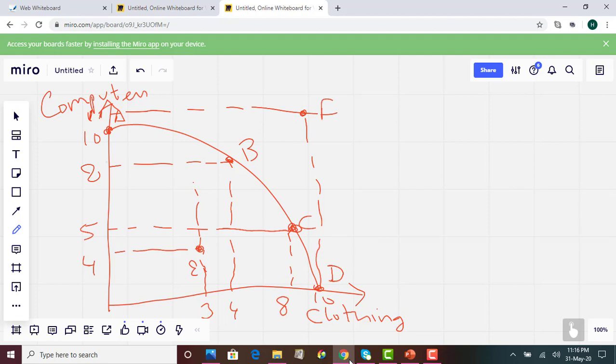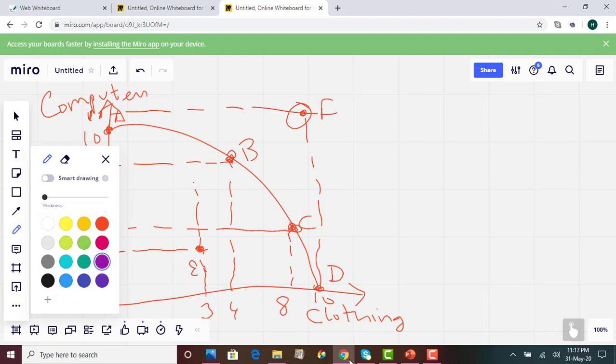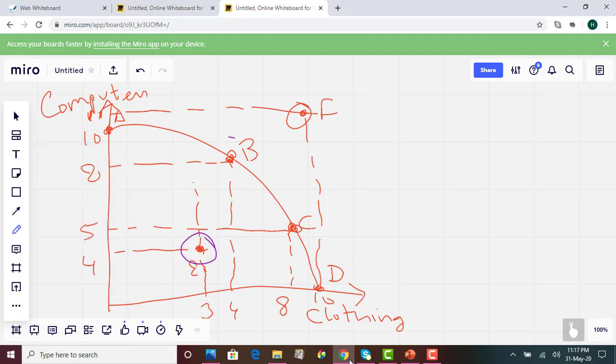Okay, so this is how a PPF looks, and these are the different points that can happen in a PPF. The ones that I'm marking in purple are the different types of points where an economy can be. It can also be anywhere on the graph or anywhere inside the graph, but these are the possible outcomes of a PPF.